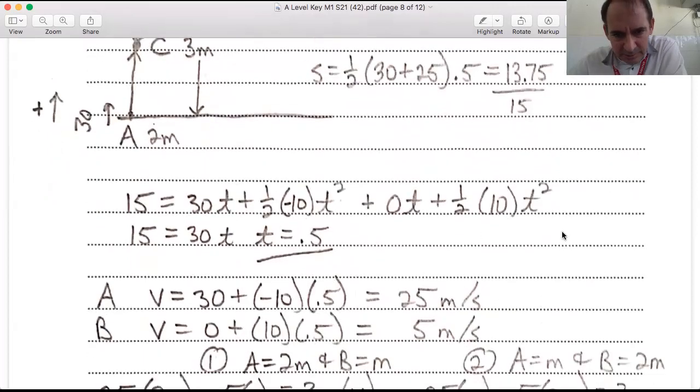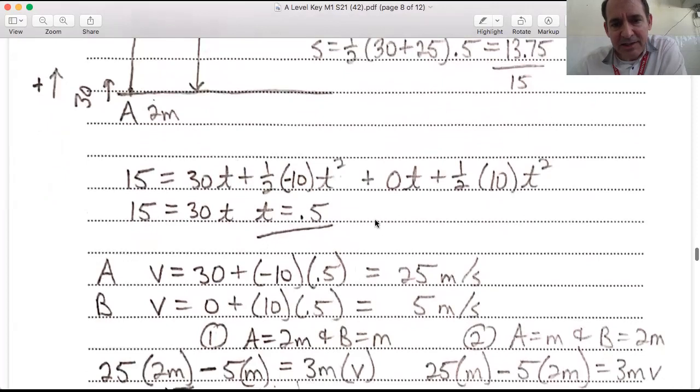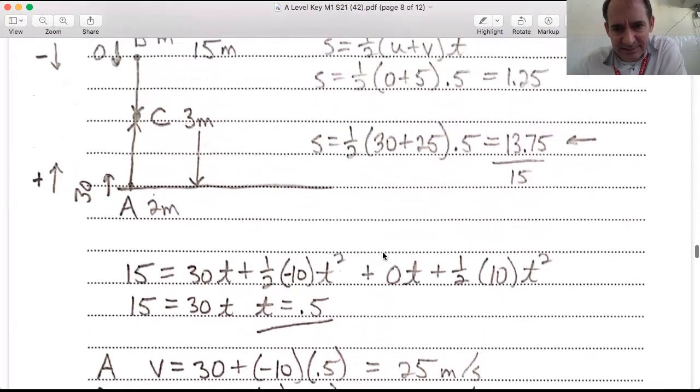Simplify this out, and your t squared terms cancel out. You're left with 30t equals 15, t equals 0.5 seconds.